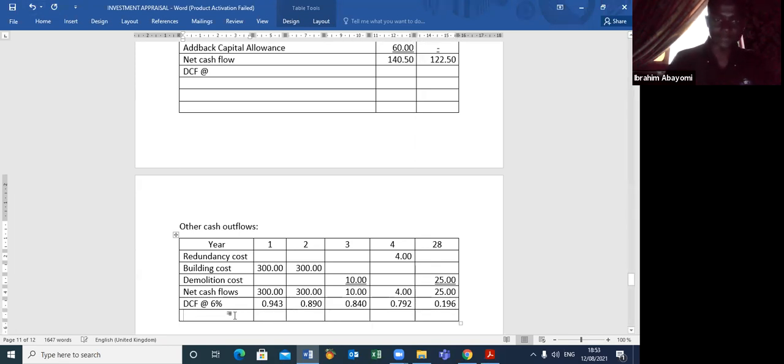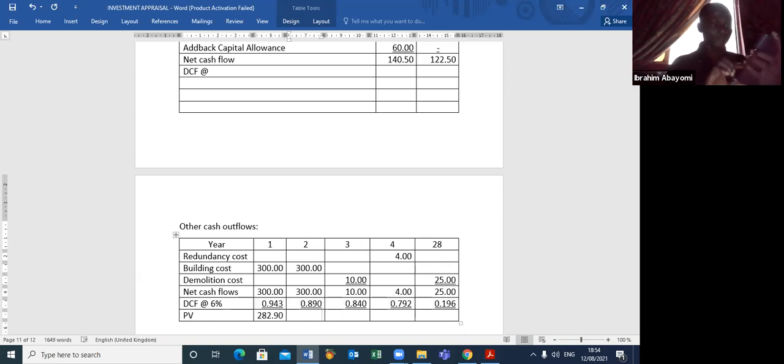Okay, so I close this and compute my present value. Year 1, 300 times 0.943 gives us 282.90.